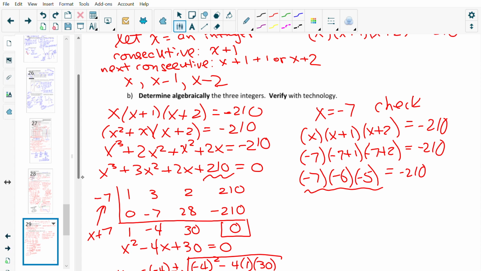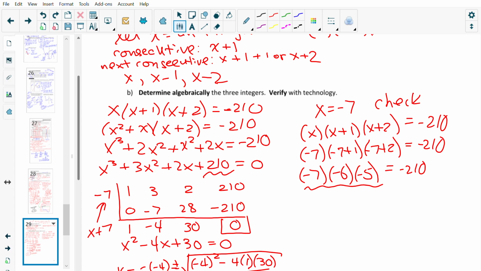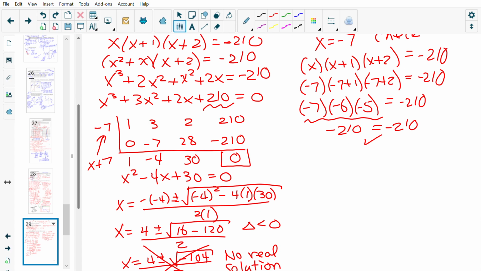Okay, we're still going to multiply it out to check, but these are consecutive, right? So it's looking good. Okay, so negative 6 times negative 5 is 30 times negative 7 is negative 210 equals negative 210. Left side equals right side to check.